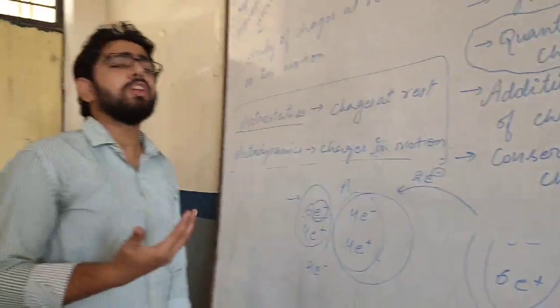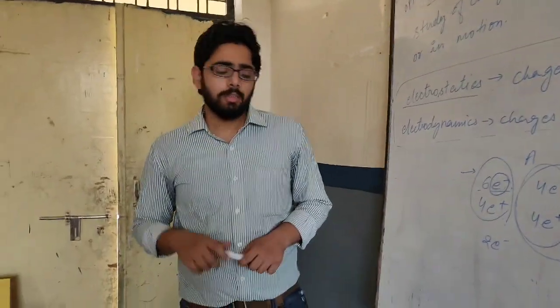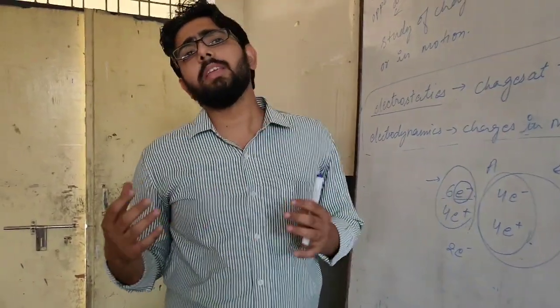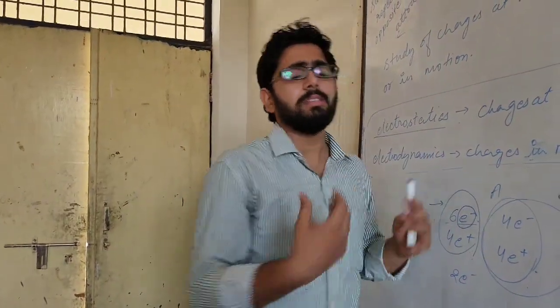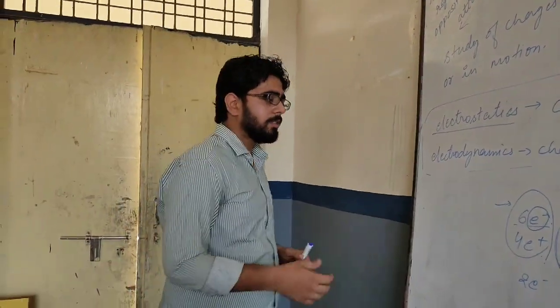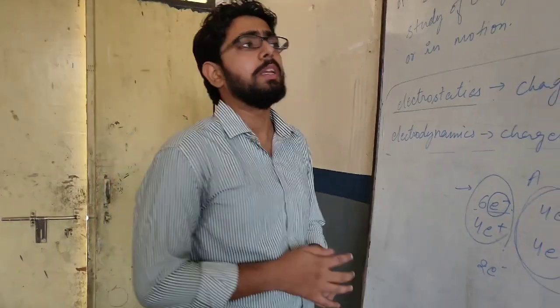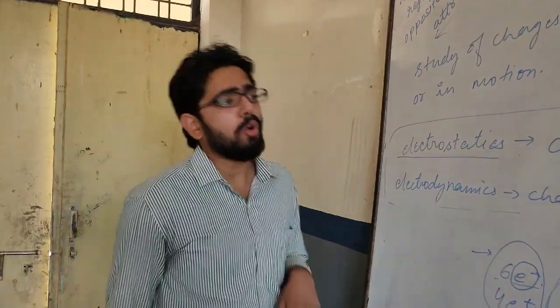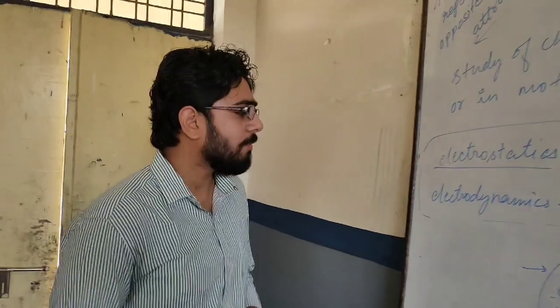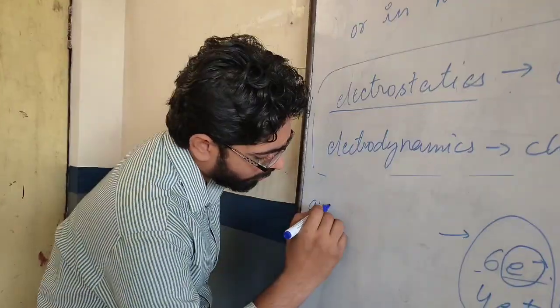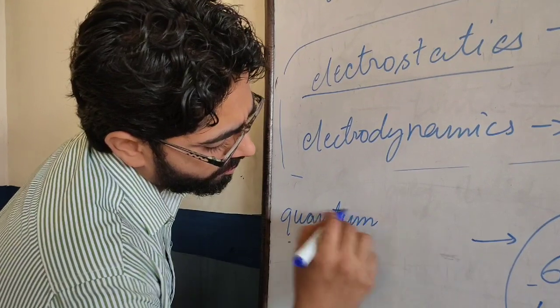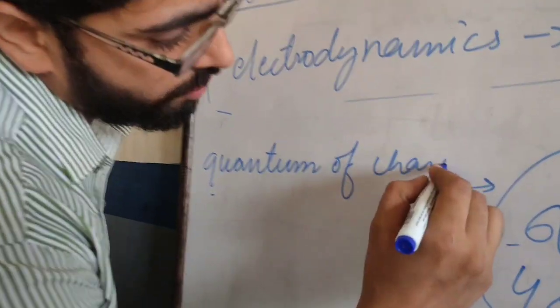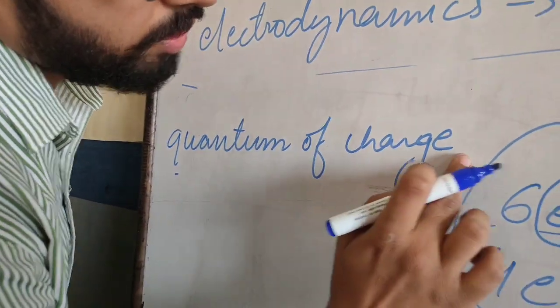Now we come to the topic of quantization of charge. What is quantization of charge? We have so many things to quantify, and there are terms used to quantify them. Similarly, we need to quantify charge also. So we have one term, quantum of charge. What does it mean?